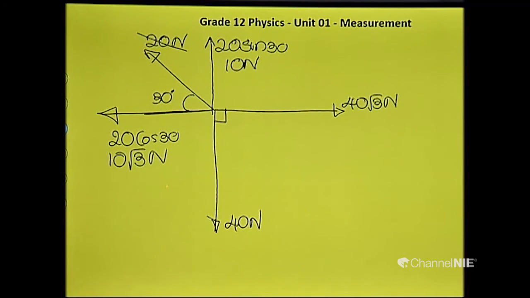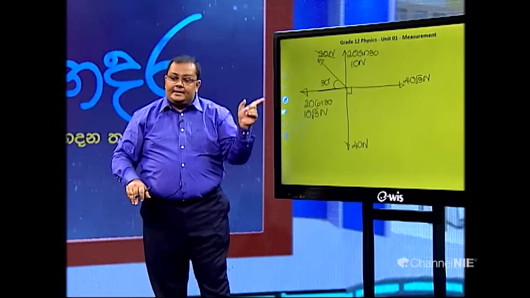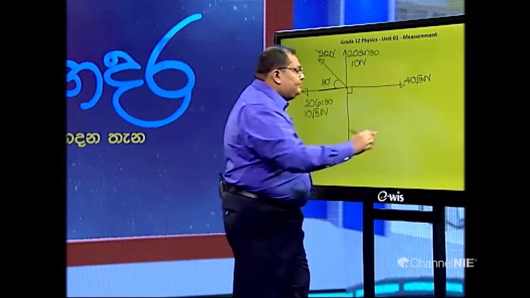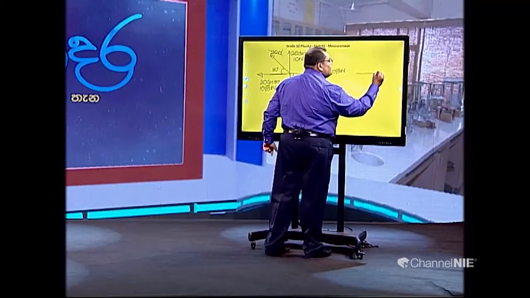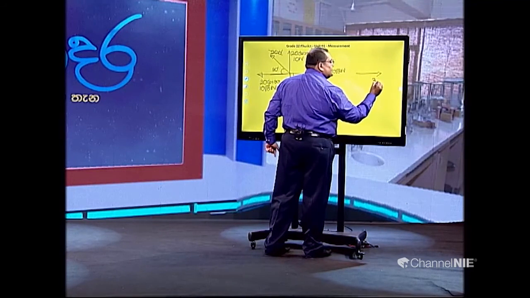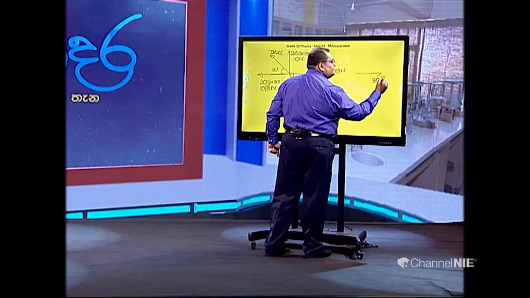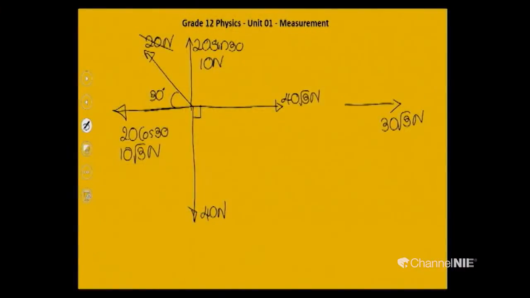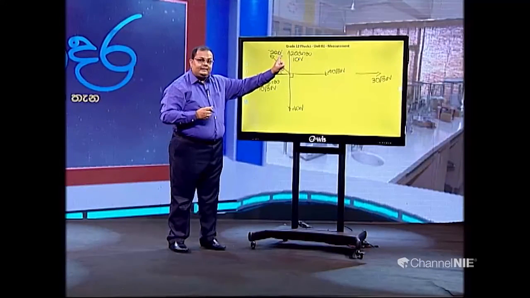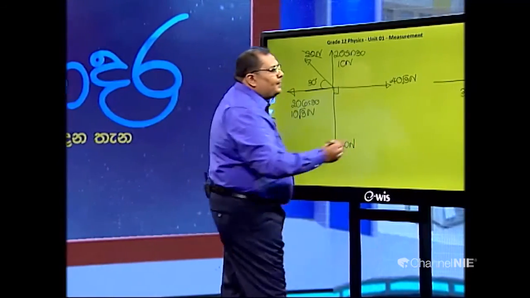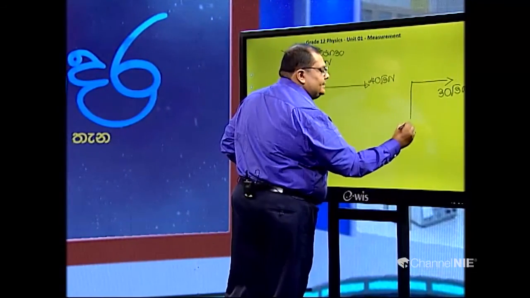The difference of them is 30 root 3. So the horizontal resultant is 30 root 3. It's very simple. For the vertical resultant, you can see downwards 40, upwards 10, difference of them downwards 30.